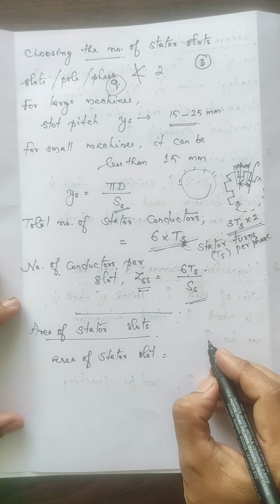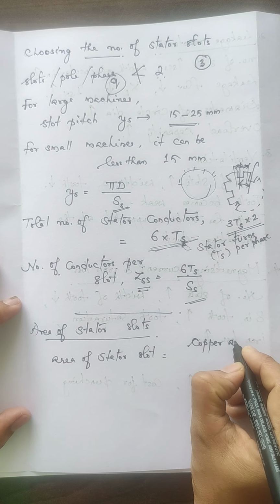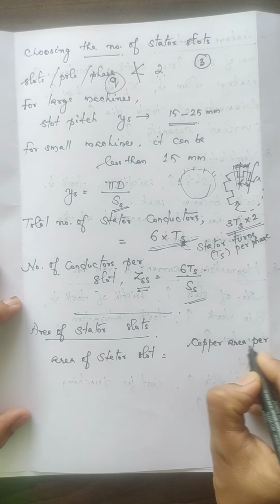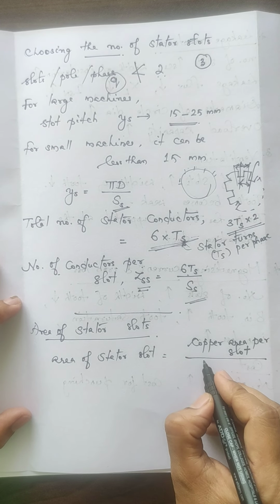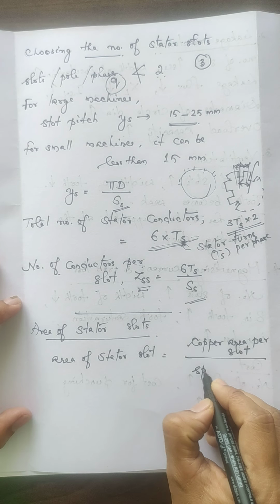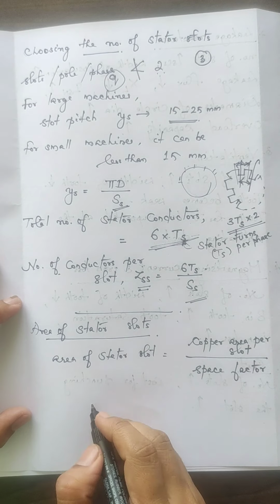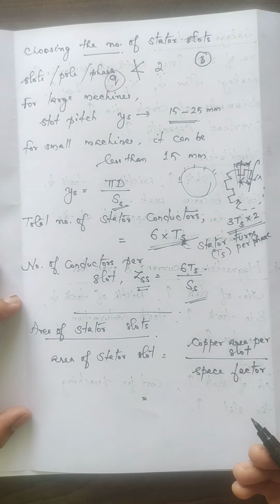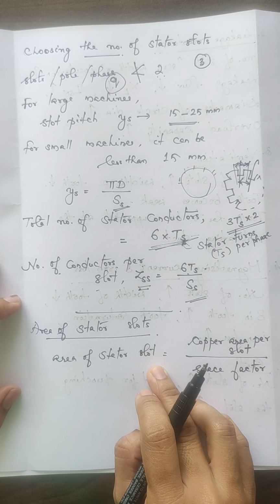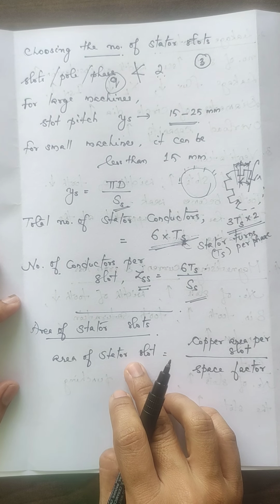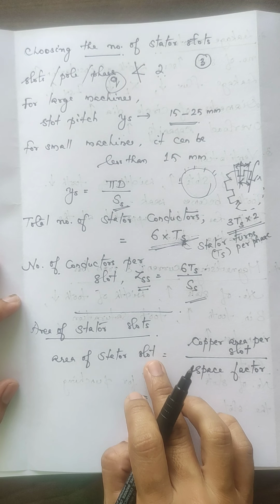Area of stator slot is equal to copper area per slot divided by copper space factor. How much area has to be provided for a particular slot? It depends on the number of conductors to be accommodated in that particular slot.